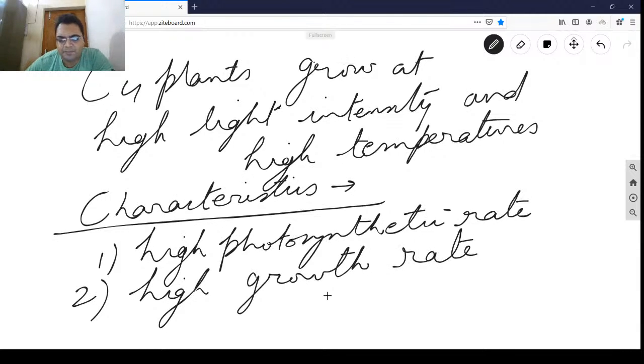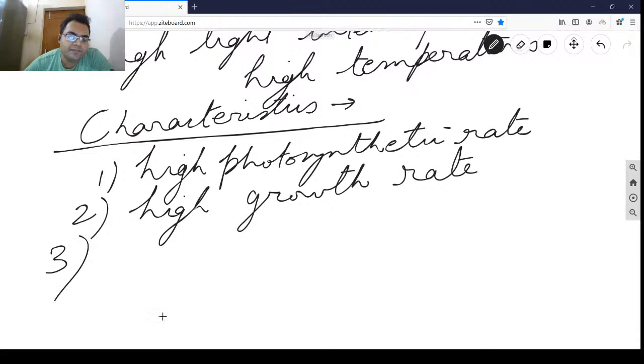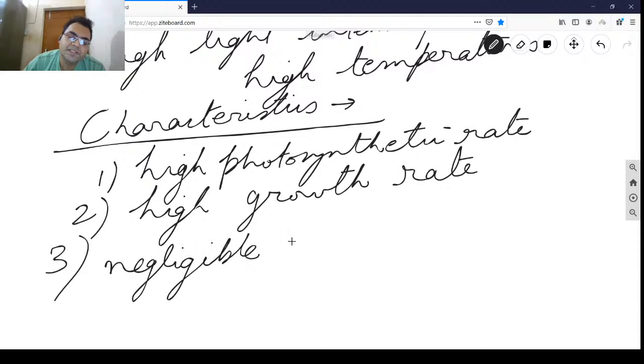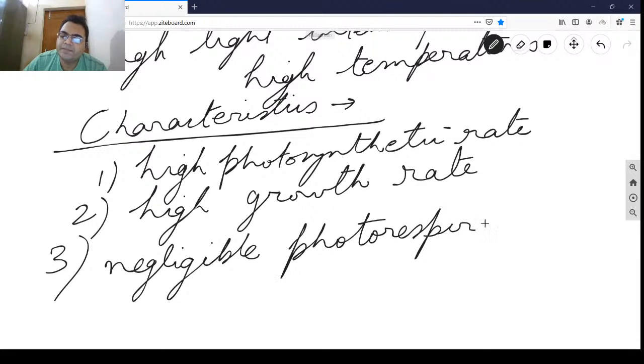Then very low photorespiration. I'll explain how C4 eliminates photorespiration. So negligible photorespiration.